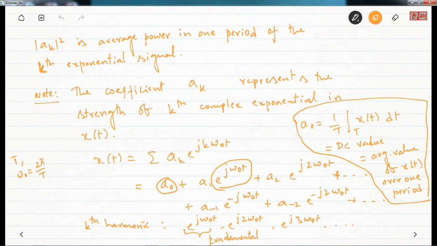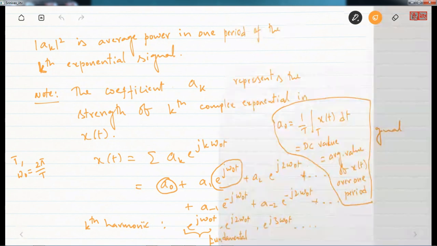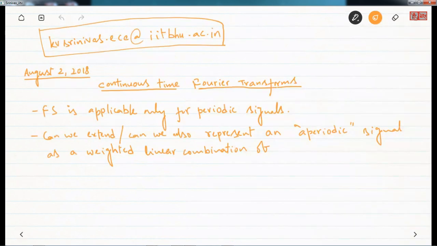So can we also do such a thing as a weighted linear combination of orthonormal functions? More especially, we are interested in complex exponentials.